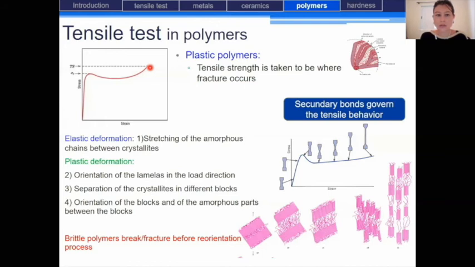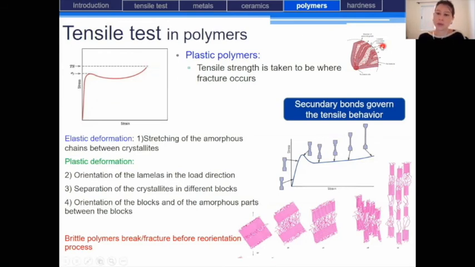The ultimate tensile strength will be taken where fracture occurs. In thermoplastic polymers, we saw that we have either amorphous or semi-crystalline polymers. So let's talk about semi-crystalline polymers in order to explain the mechanism of deformation, and why it results in this very special and strange shape of curve.